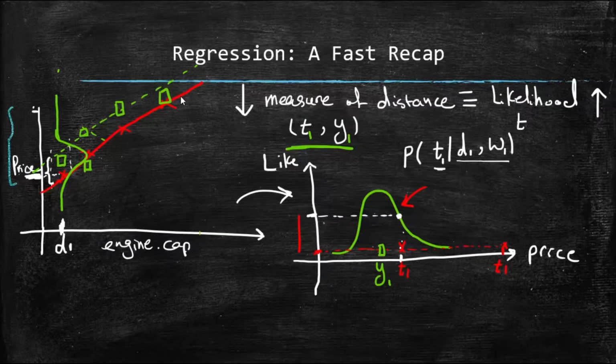So the likelihood of observing t1 given my input and the parameters of my model is now much higher compared to the previous case, where I had a very bad estimation of the ground truth and a downward going line for my predictions.